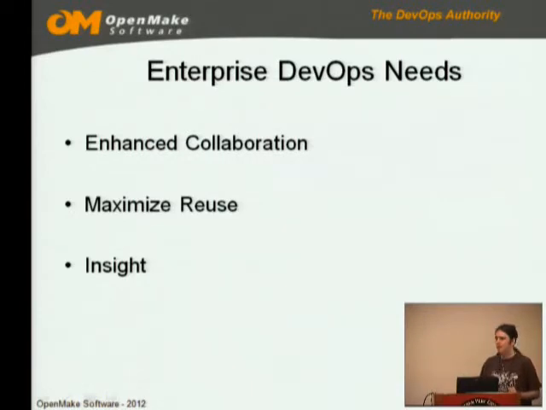So it should allow for enhanced collaboration between developers and operations. The actual business of building, packaging, deploying, configuring an application, you should never do more work than you need to. So maximize reuse of those.